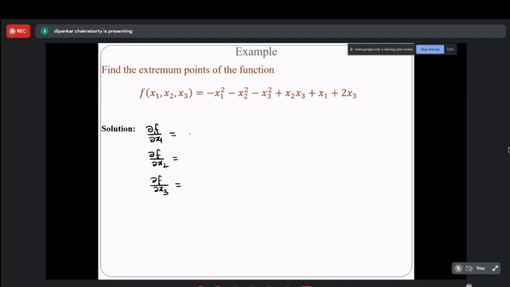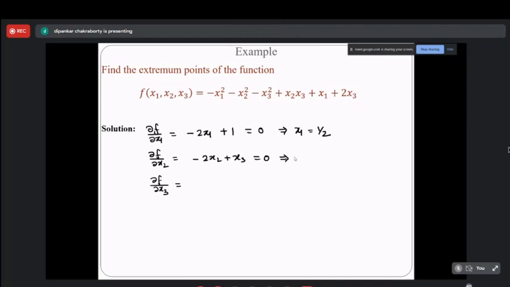So del f del x1 will be what? Minus 2x1 plus 1, which will be equal to 0. That is, x1 is half. Next, minus 2x2 plus x3, that will be equal to 0. We are going to see what is the value of this.